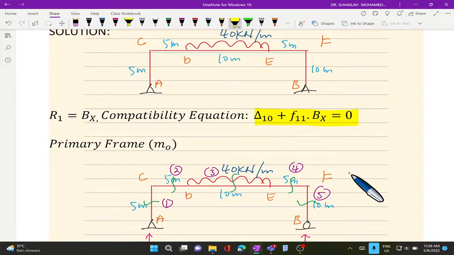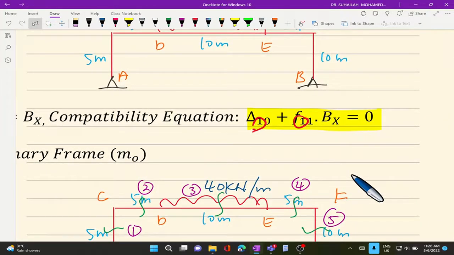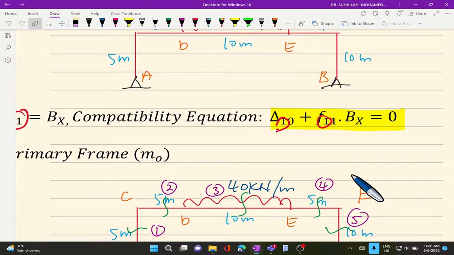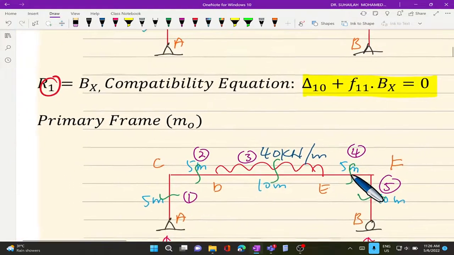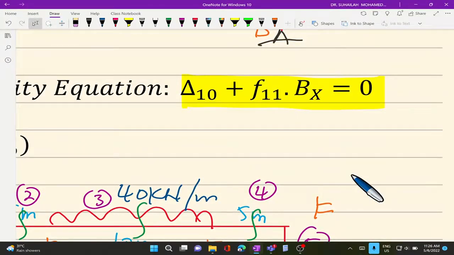So from this, we can use label 1 because we're referring to this. Okay, 1, 1. The first notation, as I mentioned, always refers to the position, and the second notation refers to the type of beam. So from this we know that there are two displacements. One comes from the primary system and another one comes from the redundant system.